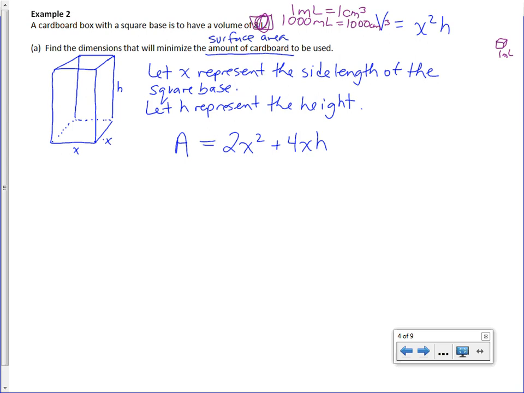You guys not know your measurements? Milli, 1,000, right? Millimeter, meter, 1,000 millimeters in a meter, okay? Milligram, gram, 1,000 milligrams in a gram, right? So 1 milliliter is 1 centimeter cubed, so 1,000 milliliters is 1,000 centimeters cubed. So what I'm trying to get at is 1 liter is 1,000 centimeters cubed.